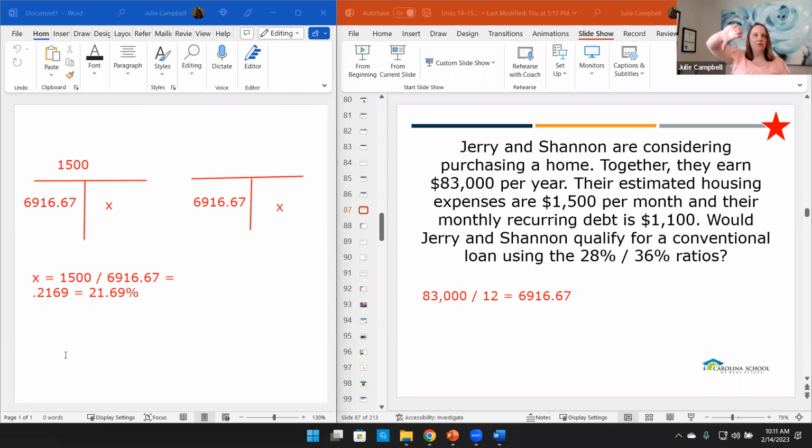So yes or no? Would Jerry and Shannon qualify under the 28%? Do they fall under the 28%? So far, so good, right? That's what we're looking at. Do your monthly expenses as compared to your monthly income fall under 28% of your entire monthly income? So far, so good.